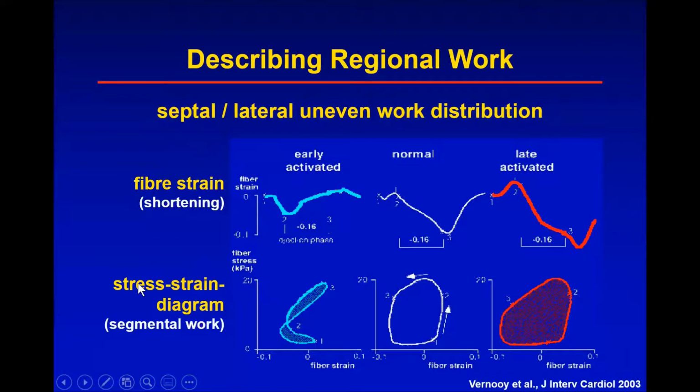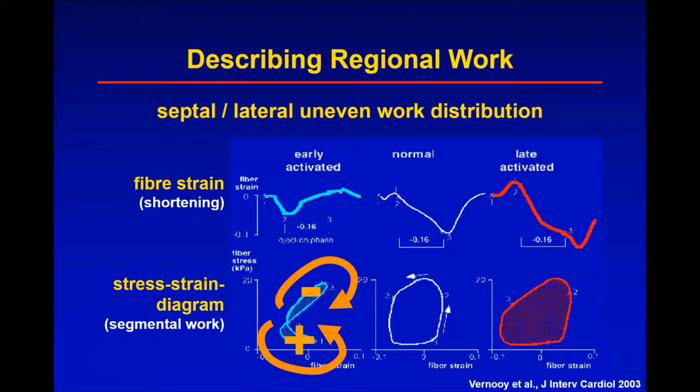And when we look now at the stress strain diagram, then we see that this loop has not a round shape anymore. It has a shape of 8 in the septum. And this counterclockwise rotation in the basal part is something we could interpret as positive work, but in the upper part it has a clockwise rotation, and this has to be interpreted as negative work.